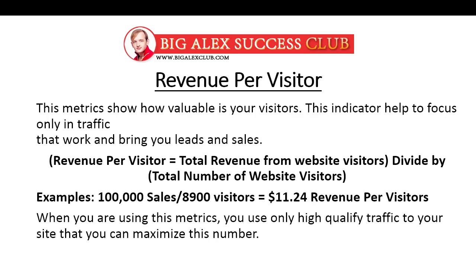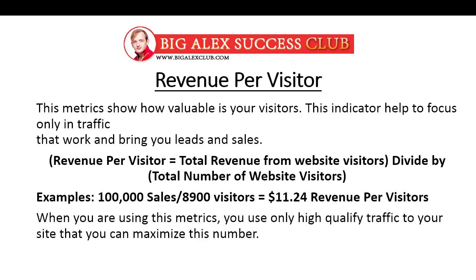Revenue per visitor. This metric shows how valuable your visitor is. This indicator helps you focus only on traffic that works and brings you leads and sales. Revenue per visitor equals total revenue from website visitors divided by total number of website visitors.